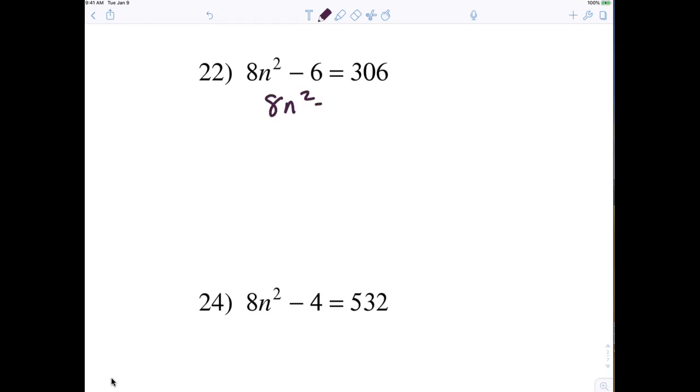So 8n squared is equal to 312. And so now n squared is equal to 39, now n is equal to plus or minus the square root of 39. That is correct. Any questions?